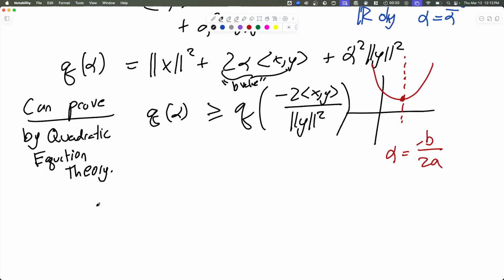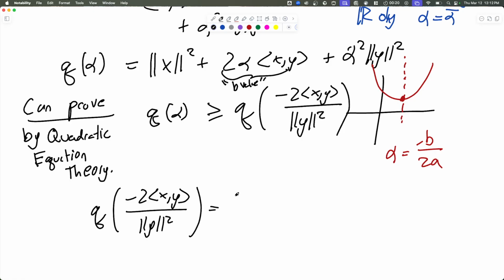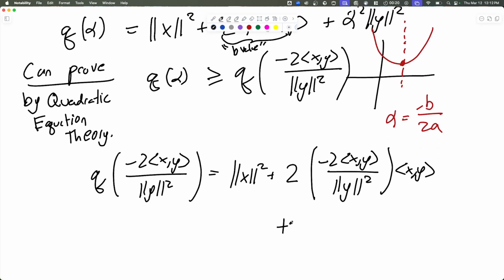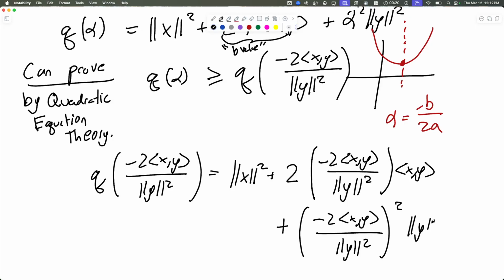Q of alpha, Q of minus 2xy over the norm of y squared, equals the norm of x squared plus 2 times all this stuff, minus 2xy over the norm of y squared times xy, plus all this stuff squared, minus 2xy over the norm of y squared times the norm of y squared.